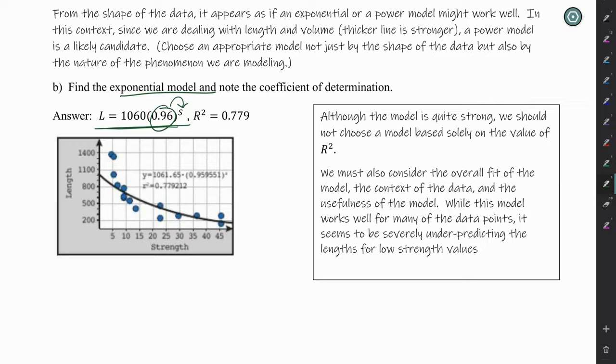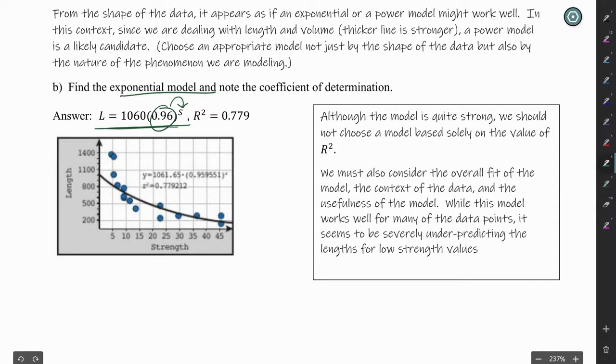Although this model is quite strong, we should not choose a model based solely on the value of R squared. We must also consider the overall fit of the model, the context of the data, and the usefulness of the model. While this model works well for many of the data points, it seems to be severely under-predicting the lengths for low-strength values.